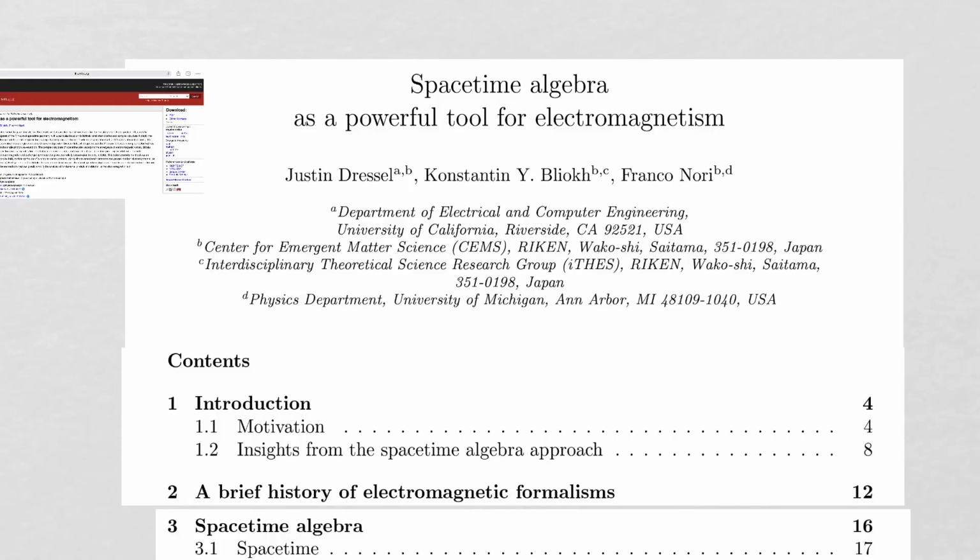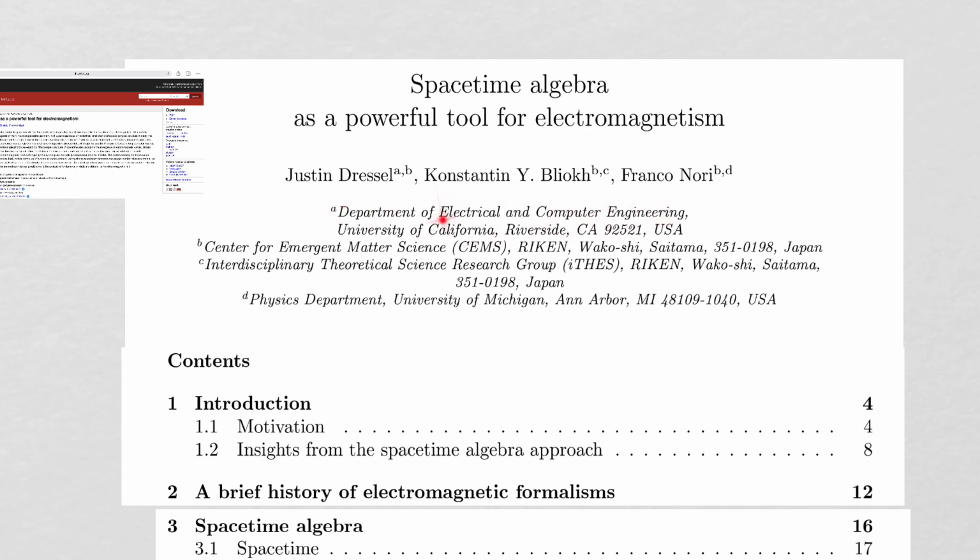So the way I propose to study this material is I'm going to pick one particular paper. This paper is called Space-Time Algebra as a Powerful Tool for Electromagnetism by Justin Dressel, Konstantin Y. Bliokh, and Franco Nori. And they're at nice good institutions, right?